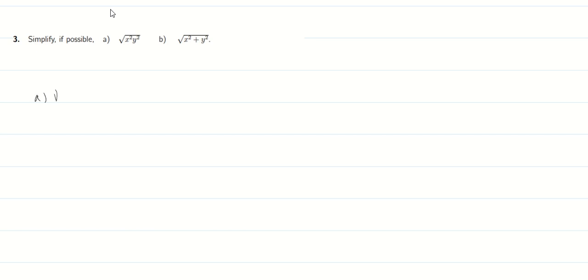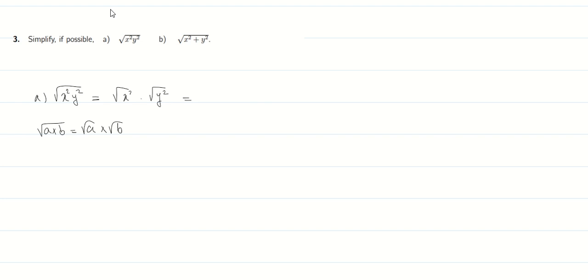We have the square root of x squared y squared. As you know, based off the formula that the square root of a times b would be equal to the square root of a times the square root of b, we can split this square root into two square roots. So we can say this one would be equal to the square root of x squared times the square root of y squared.